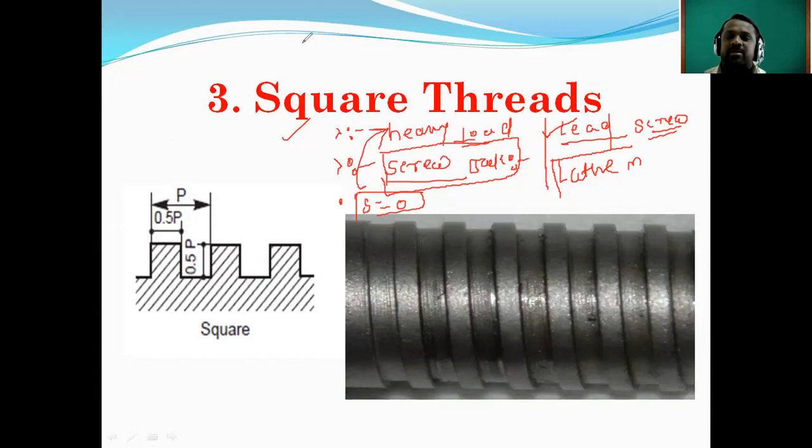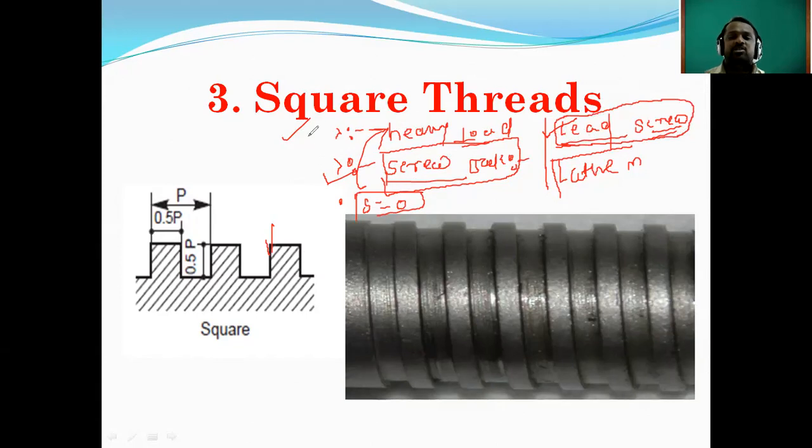That is the point you have to remember regarding the square thread. In the square thread, the flank angle is zero, and the flank is straight and perpendicular to the axis of thread. Generally, square thread is used for heavy load. The practical applications of the square thread are the screw jack and lead screw, a component used in the lathe machine whose function comes into the picture during the threading operation.